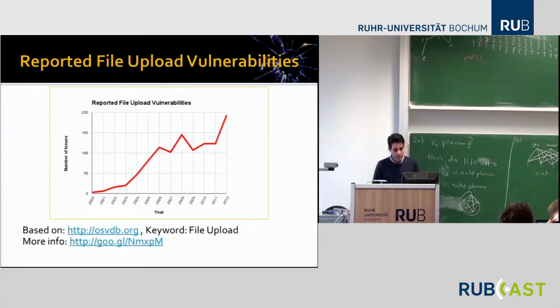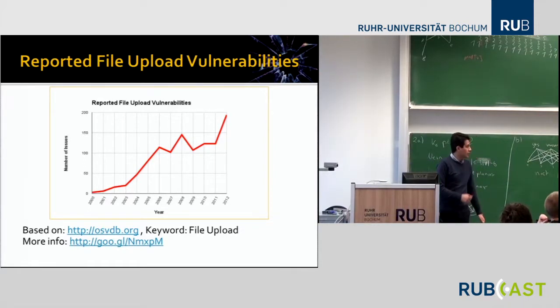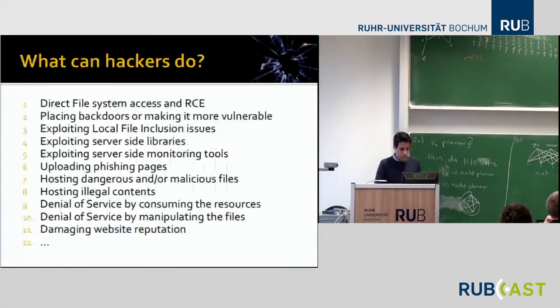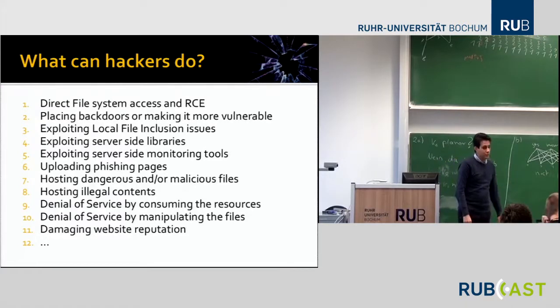Okay, if you look at the osvdb.org website and search for, for example, file upload vulnerabilities, you will see that in 2012 the number of reported file upload vulnerabilities has increased, which is not good, and now we should be more careful about that. What can hackers really do with a file upload attack?